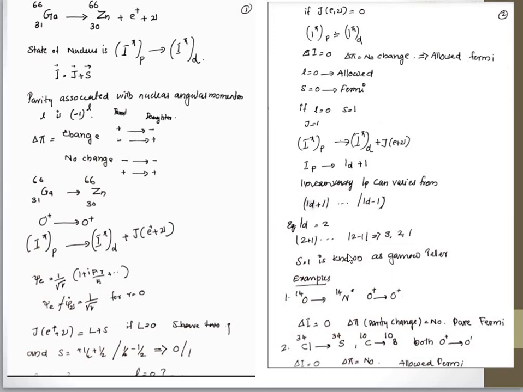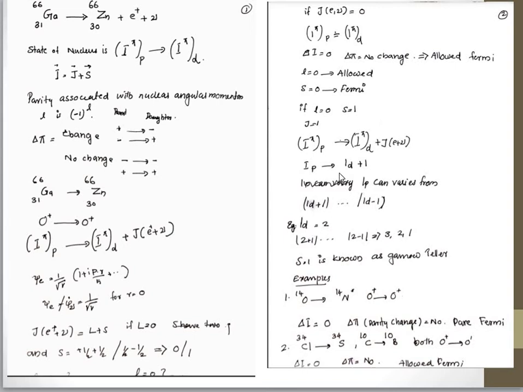So if L is equal to 0 and S is equal to 1, this is the condition. The initial nucleus angular momentum is equal to the final nucleus angular momentum plus the total angular momentum of the electron neutrino pair. So here I initial is equal to I final plus 1, because for S is equal to 1 and L is equal to 0, L plus S is equal to 1. So I initial can vary from I final plus 1 to I final minus 1.